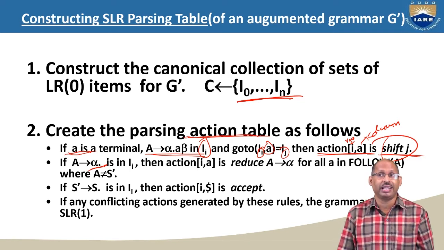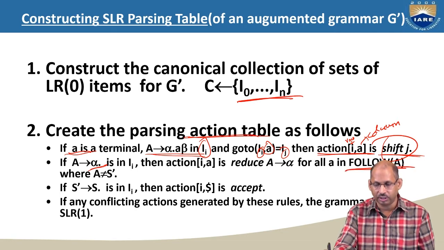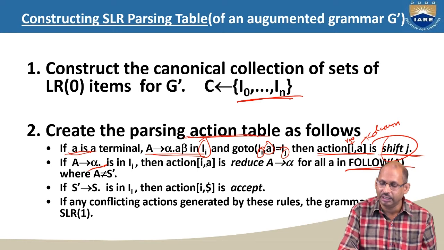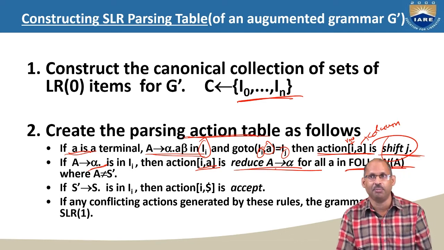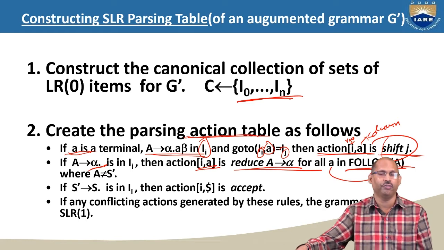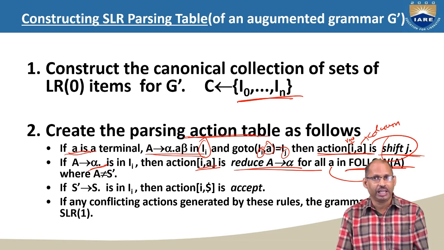For all a belongs to follow of A. So here action I comma a is reduce A gives alpha, where a is in follow of A. If the dot is at the end of the production, then consider follow of A. It has some terminal symbols.